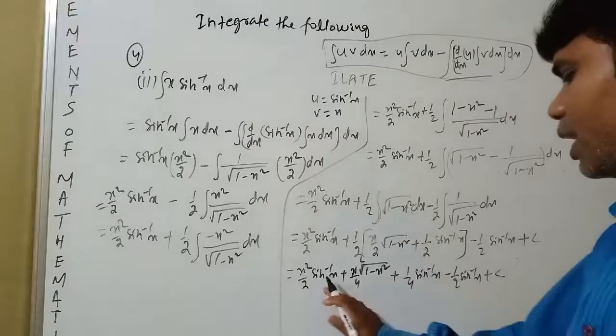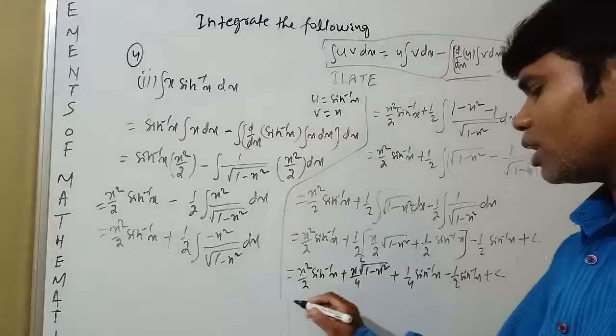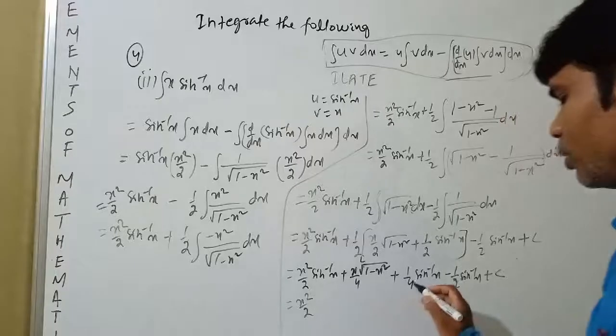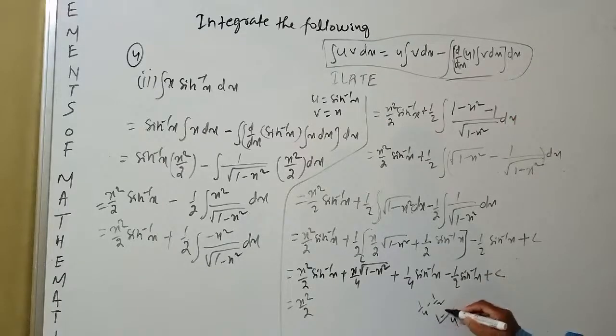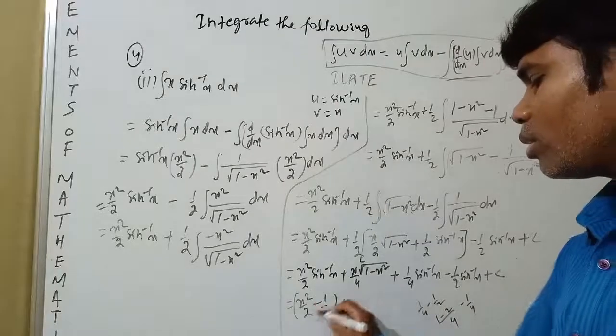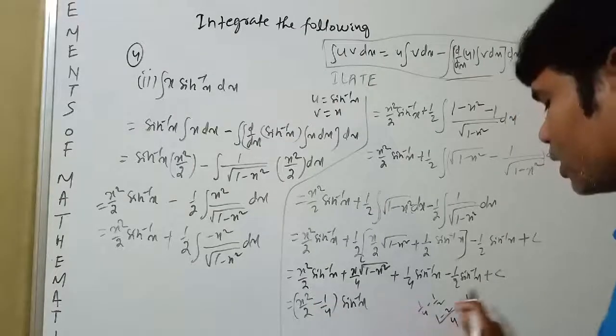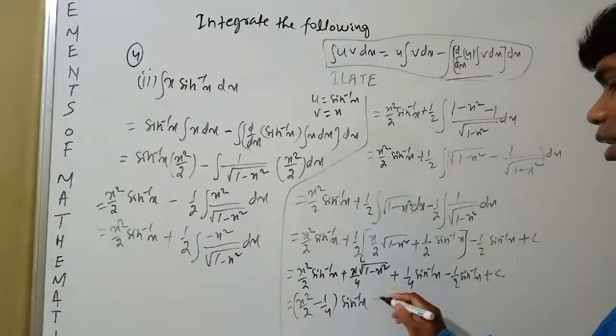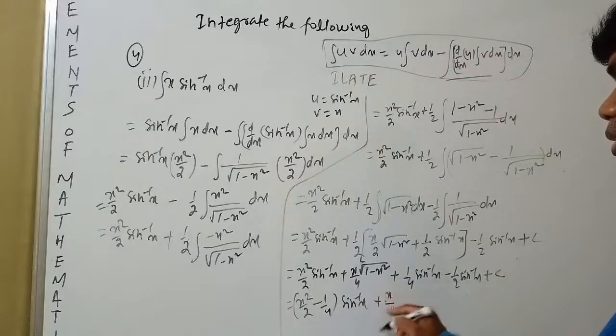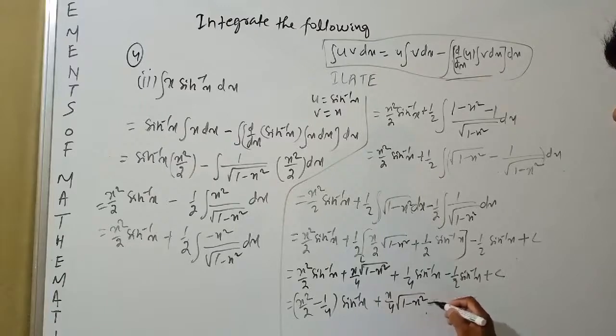Here you see sine inverse x: x square by 2, and 1 by 4 minus 1 by 2 is equal to how much? 1 minus 2 over 4, that is minus 1 by 4 sine inverse x. These two I have added, then plus x by 4 root over 1 minus x square plus c.